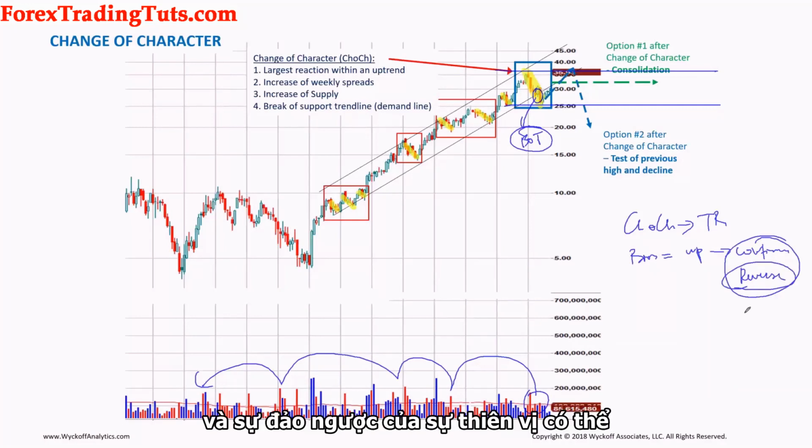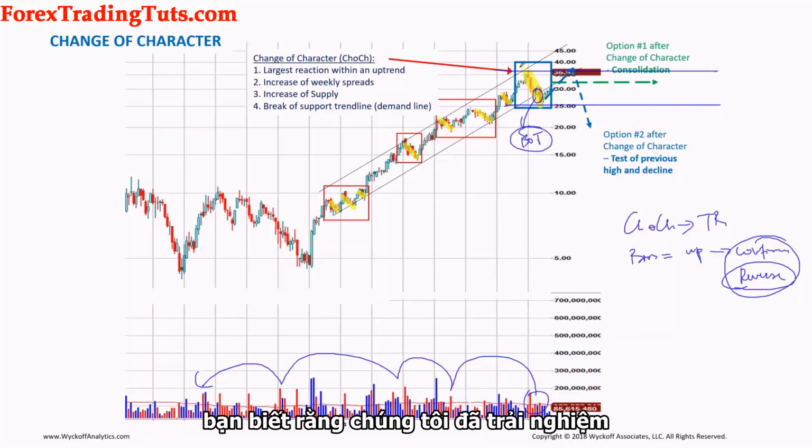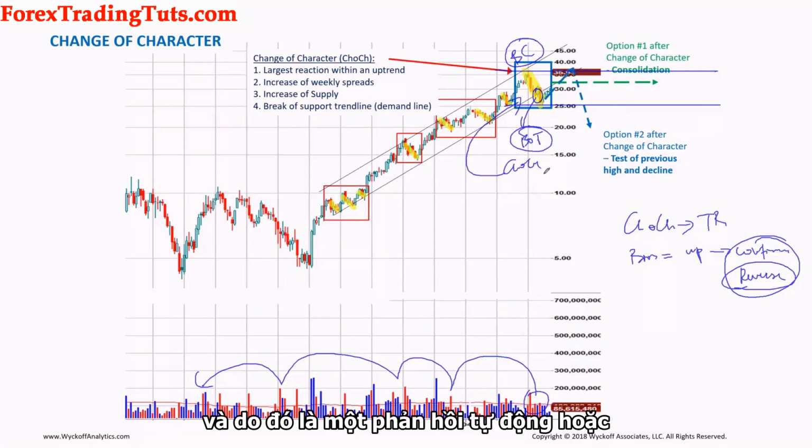And the reversal of the bias could happen many times, in a lot of stocks, because it's not always that there's going to be some kind of continuation of the previous trend. So at least here, what we could deduce is that we've experienced the buying climax, a change of character, and therefore an automatic reaction in this case.